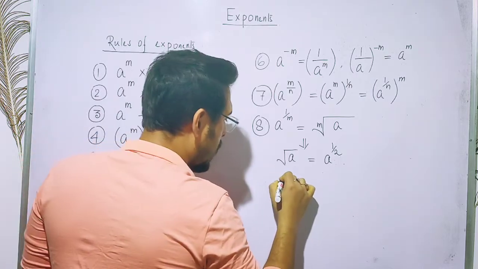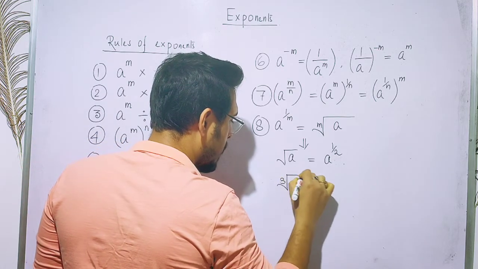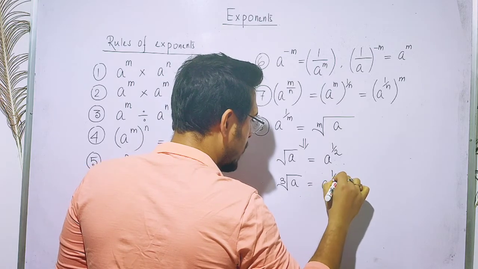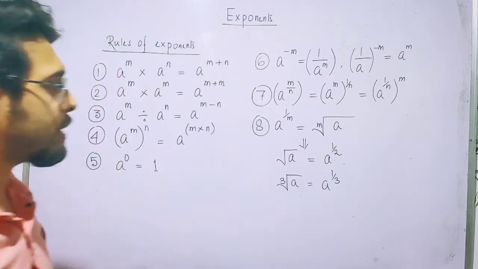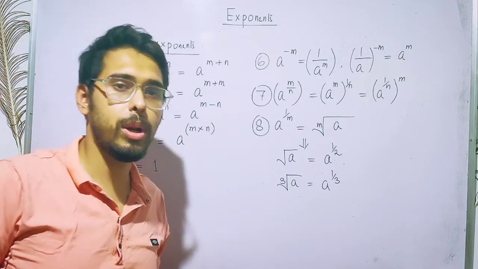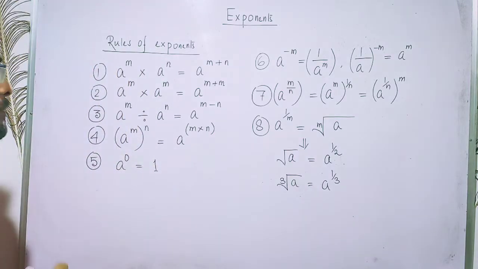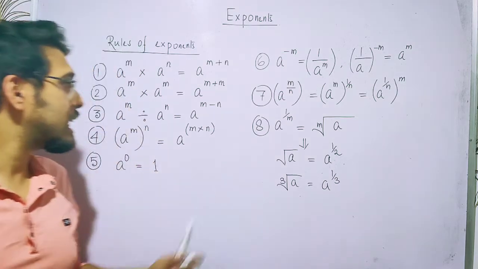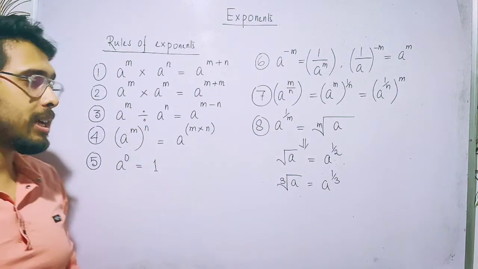If you are talking about cube root of a, this will be a to the power of 1 by 3. Okay, this is how we are going to do this. So this is the basic of the exponential rules. I hope this is clear to you and you must have taken this down.